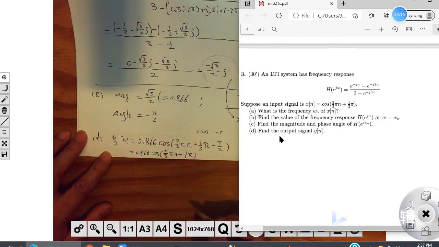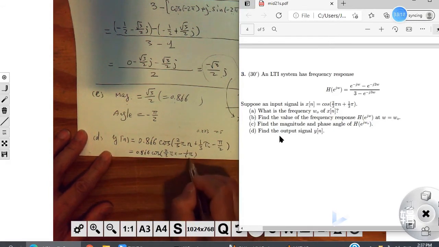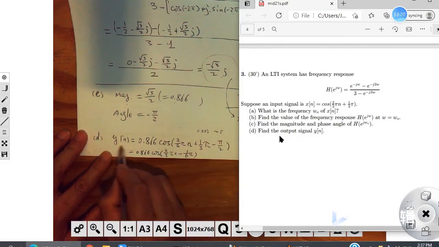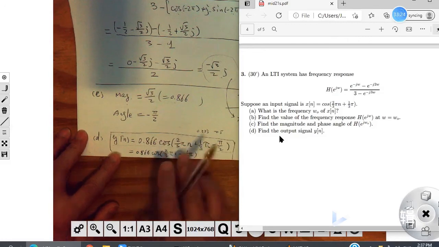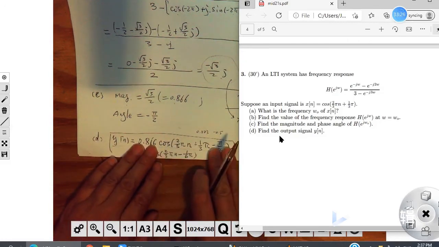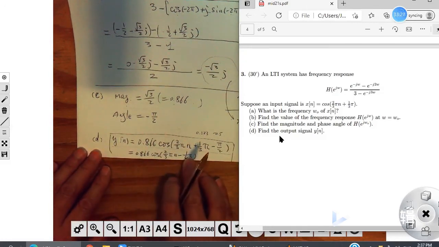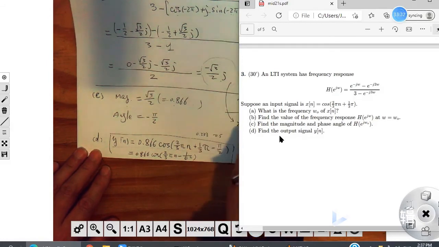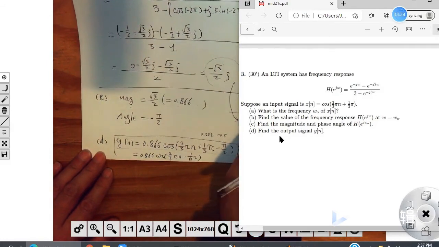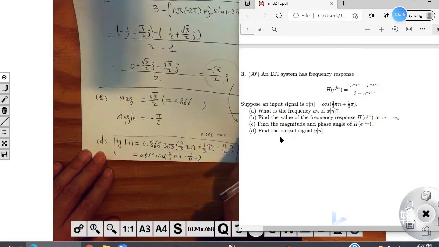The final answer is this one. You can leave it as is, that's also fine, or simplify, that's also good. So this is problem 3.